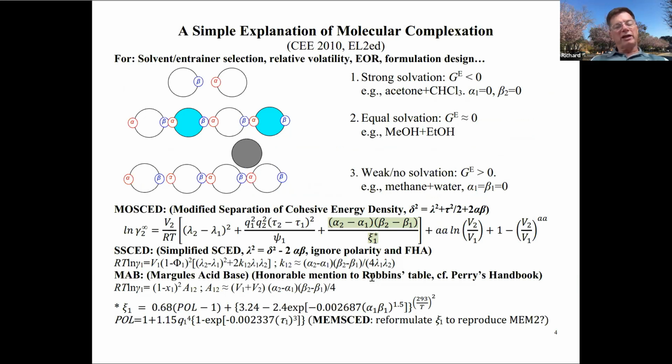One thing I like about this MOSCED theory, and I wrote about this in 2010 in Chem Education, is that it's really easy to understand for undergraduates or sophomores, anybody really. They've heard of hydrogen bonding in their biology class, in high school, so they know there's something about acidity and basicity.